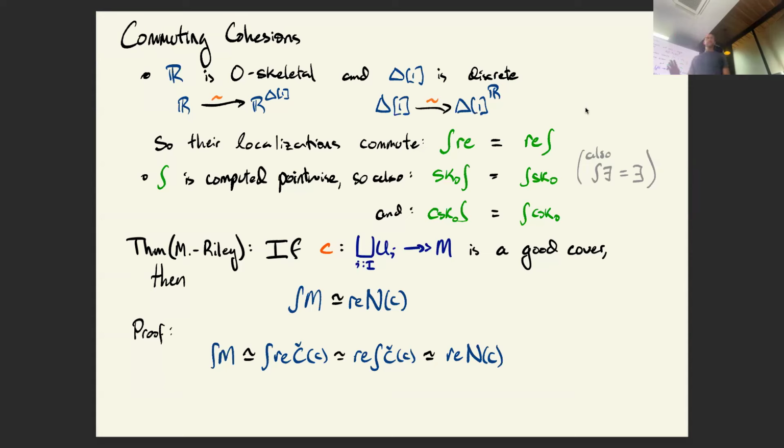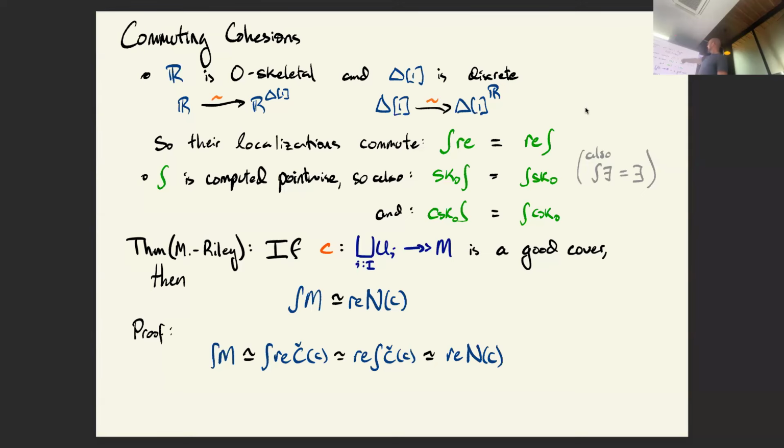And now we have a really slick proof of the nerve theorem. If you have a good cover, right, then the homotopy type of your space is the realization of its nerve, right? How do we do this? Well, the homotopy type of the space is the homotopy type of the realization of the Čech nerve. Why? Because the realization of the Čech nerve is M, because C is surjective, right?